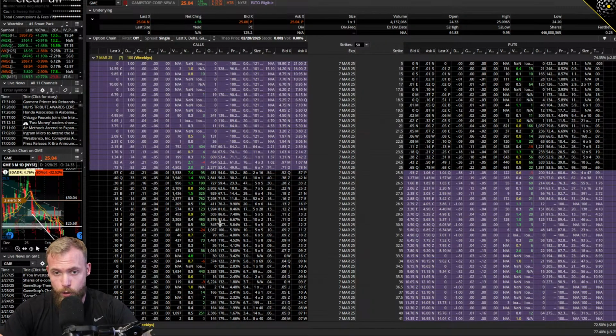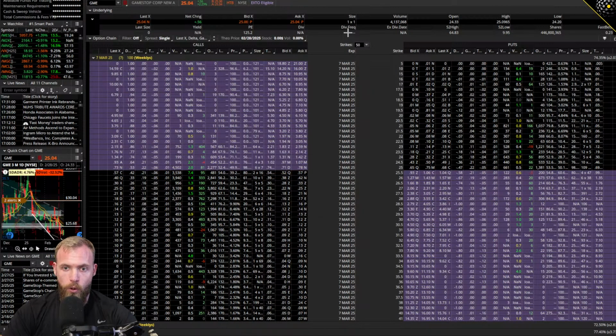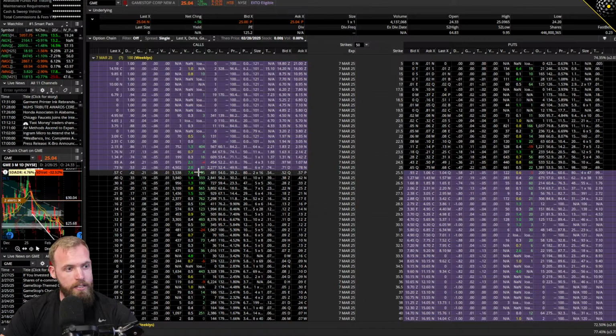You can also use open interest to help us identify specific strikes that are of interest for different reasons. So one of the things that I coded for Thinkorswim is the change day over day of open interest.